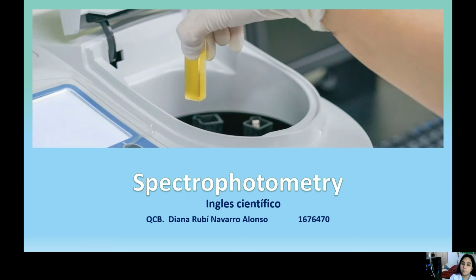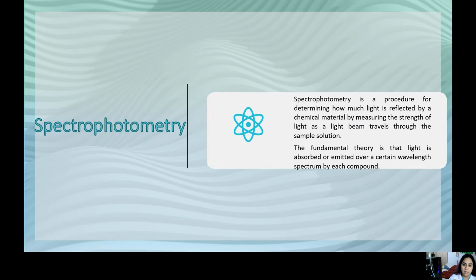So let's talk more about what spectrophotometry is. Spectrophotometry is a method to measure how much light a chemical can absorb, and we measure the intensity of light that passes through the solution. The principle is that each compound can absorb or transmit light over a certain range of wavelengths.